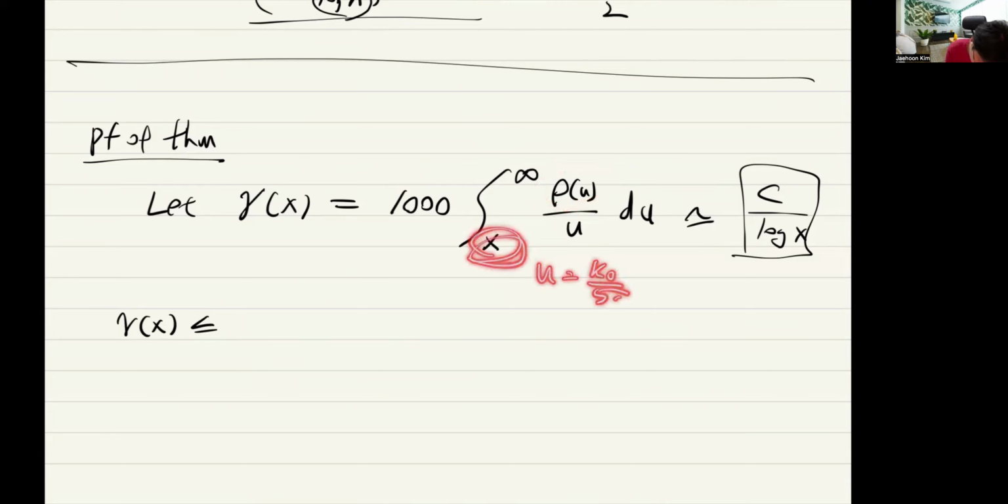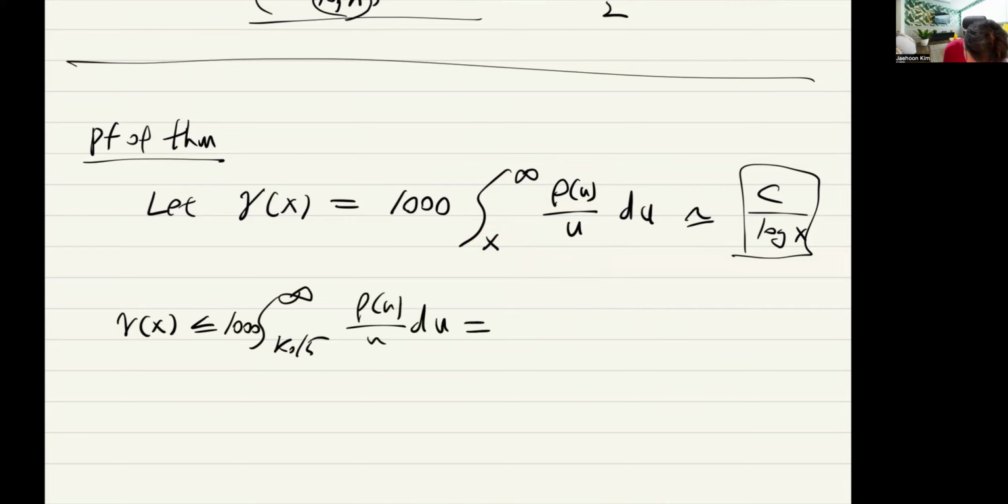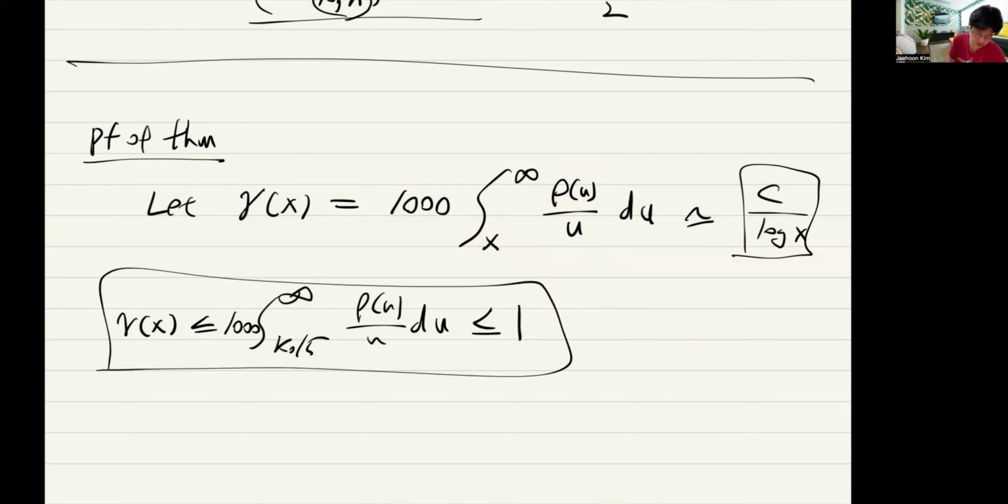So whatever you take, it's at most like k0 over 5 to n plus this, and from your choice, epsilon is small, so you can actually take that this is at most 1 for any case.